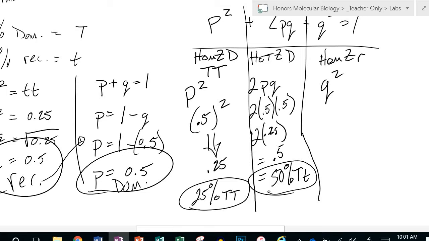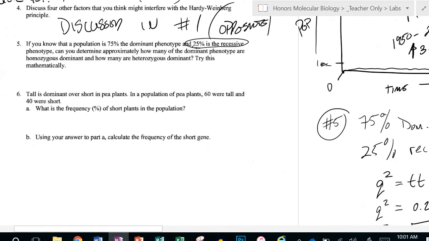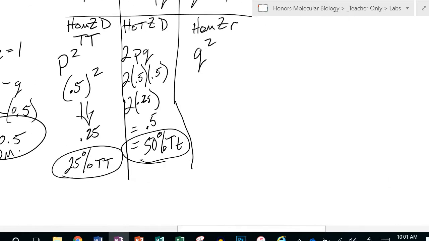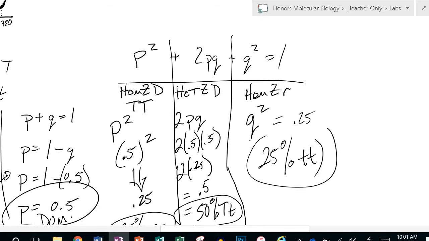We know that it is 25% of the population, because we started with that all the way over here. So q squared was equal to 0.25. That's what we started with. So again, 25% of our population is going to be completely recessive.